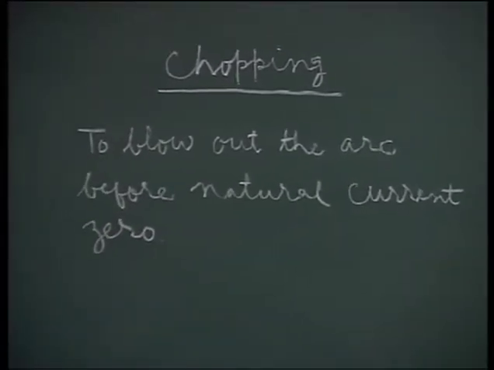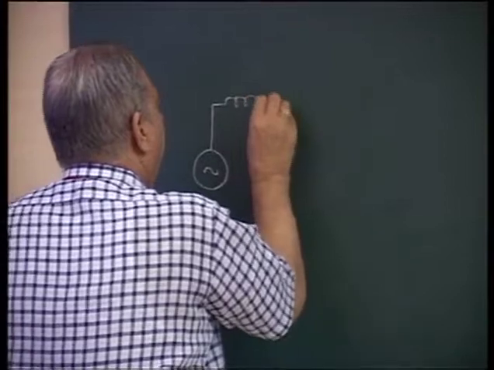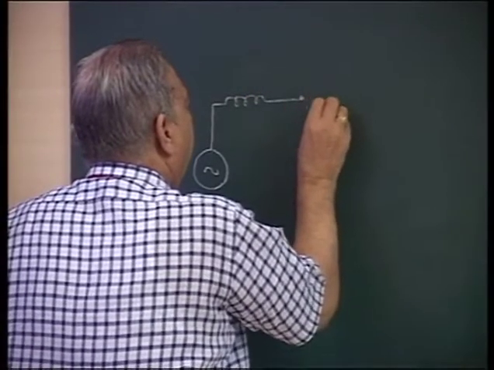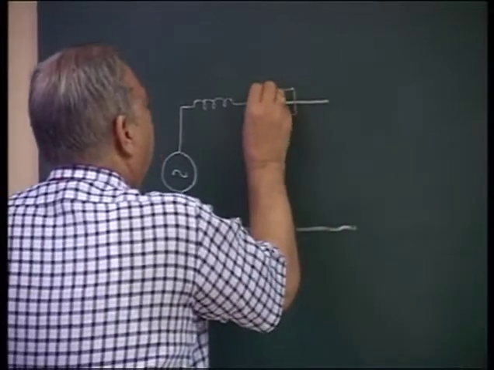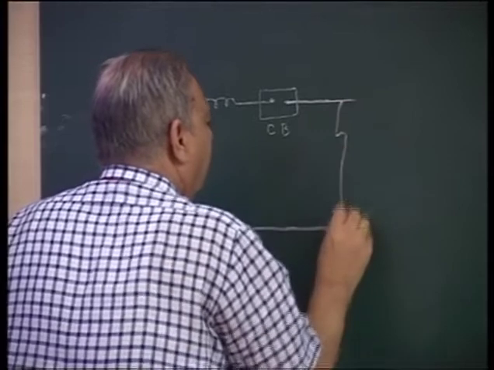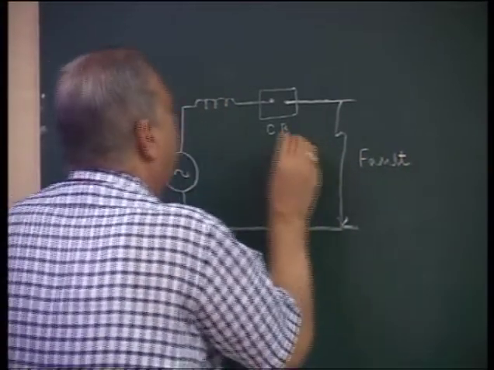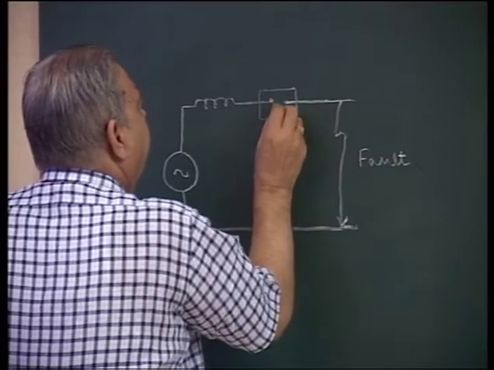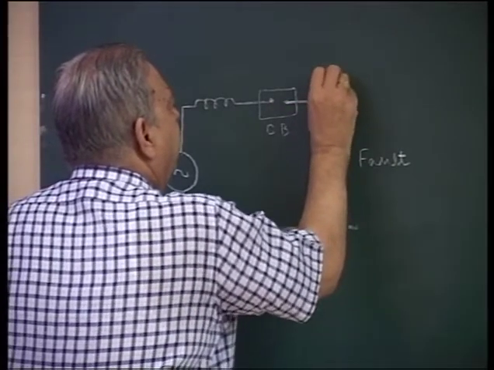Now in the circuit, with the arc, the current flowing at some instant is equal to IA.